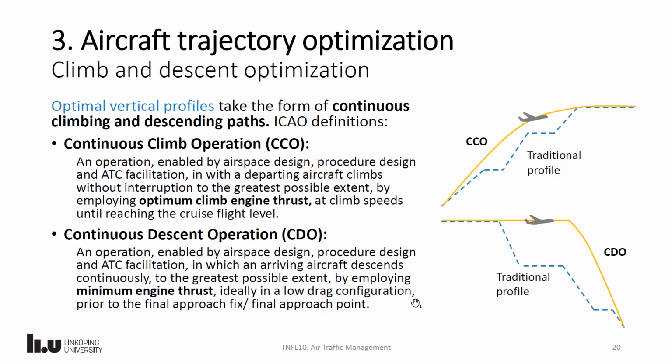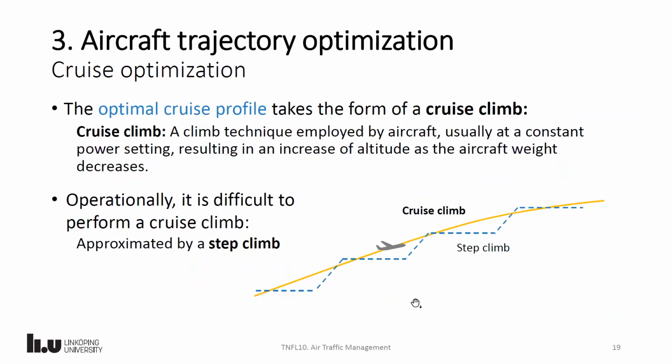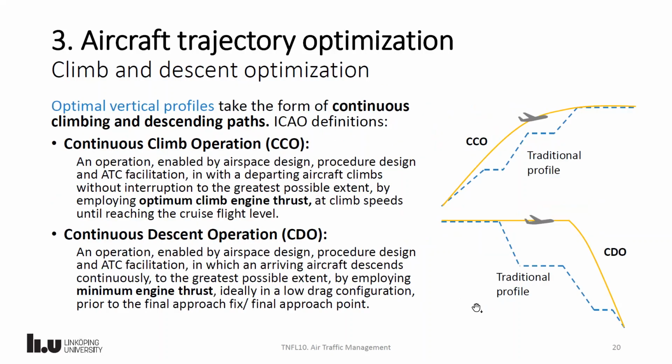So these are the two operations that would be optimal, combined with a cruise optimization. Ideally, we will have a smooth trajectory with no levels.